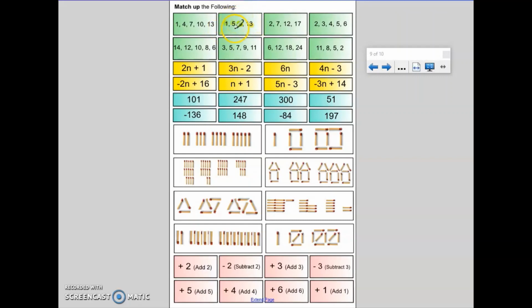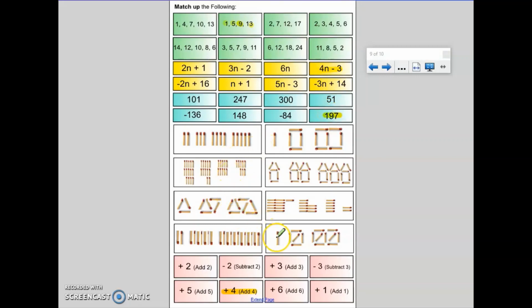So my nth term formula for this sequence is 4n minus 3. Because I'm going up consistently in 4s, my next term rule is simply plus 4. If I substituted 50 into this bit of algebra, 4 times 50 is 200. Take away 3 takes me to 197. So this would be my 50th term.